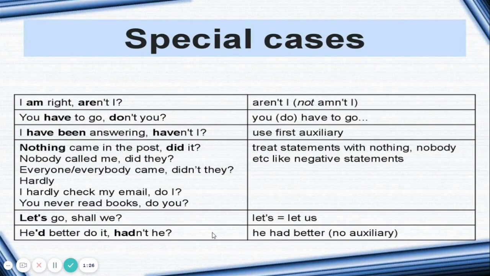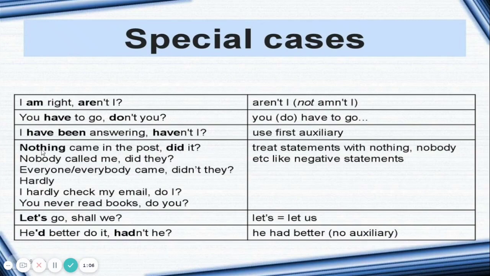Then, special cases. I am right, aren't I? Aren't I is a negative tag. You have to go, don't you? I've been answering, haven't I? Nothing came in the post, did it? Nobody called me, did they?